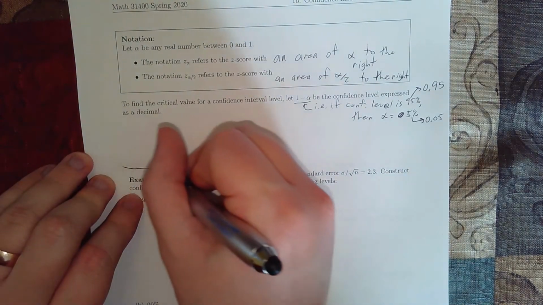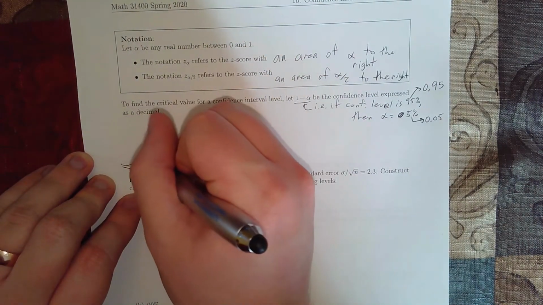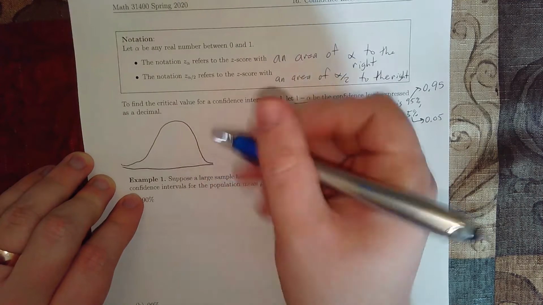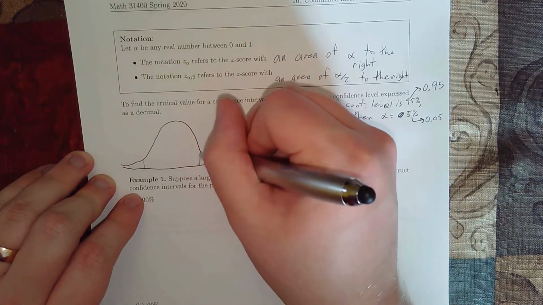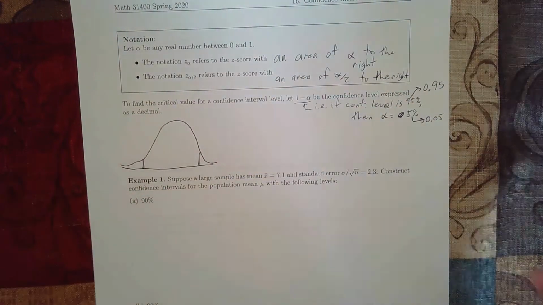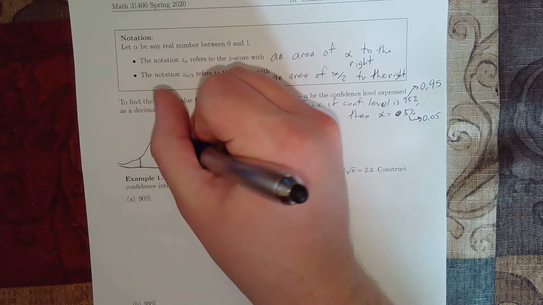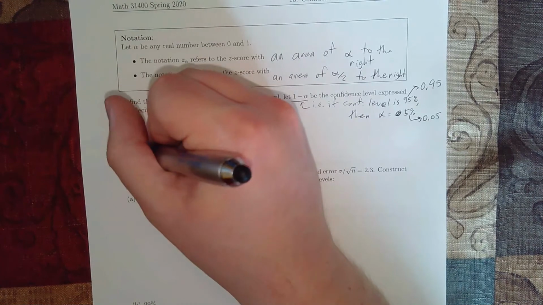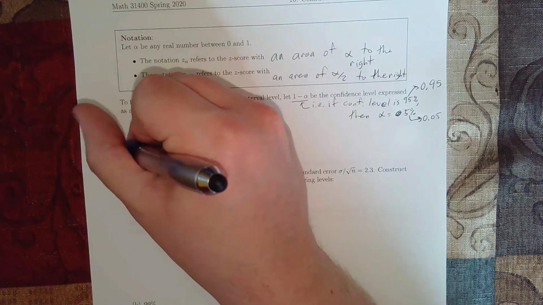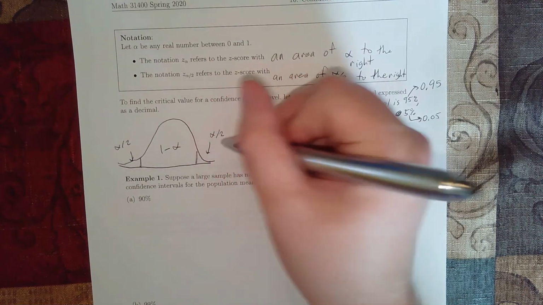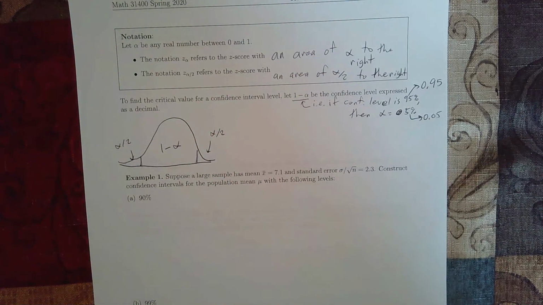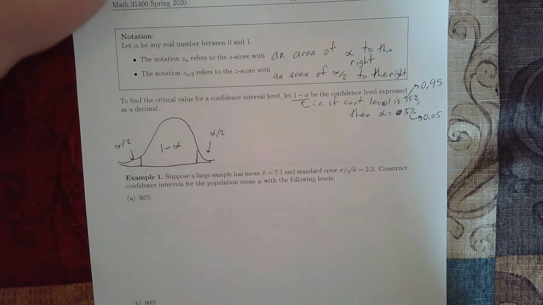So when we're looking at some sort of confidence level, basically what we're saying is, since we're looking at a normal distribution, we'll have an area of 1 minus alpha in the center, and then we'll have alpha over 2 as an area to the left, and alpha over 2 as an area to the right. Remember, those areas under the curve are percentages for us.